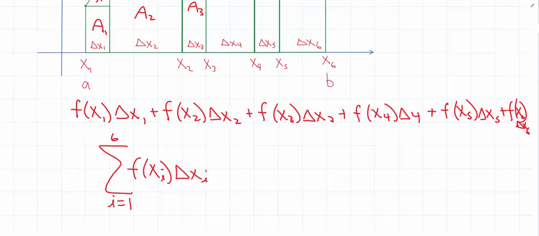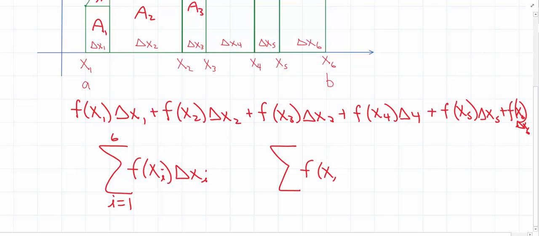Now, we learned that the more rectangles we have, the better the approximation. So maybe I want to make more intervals. I'm going to take the sum of f of xi delta xi, and let i go from 1 to n. So there's going to be n rectangles.